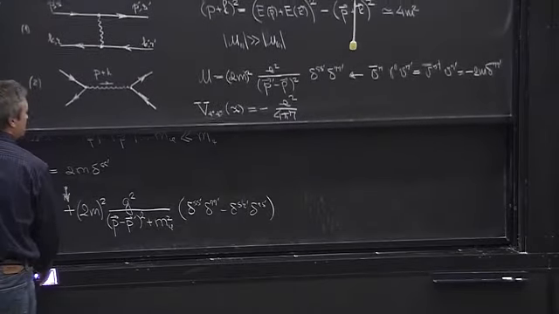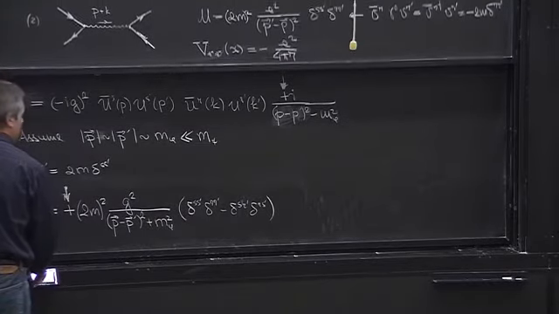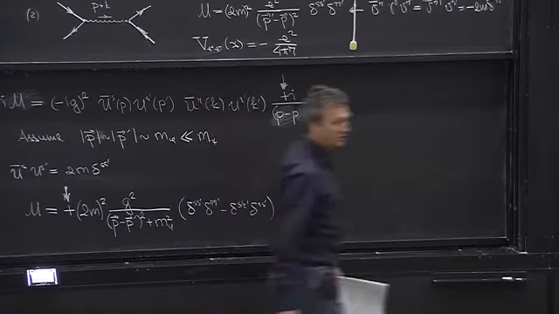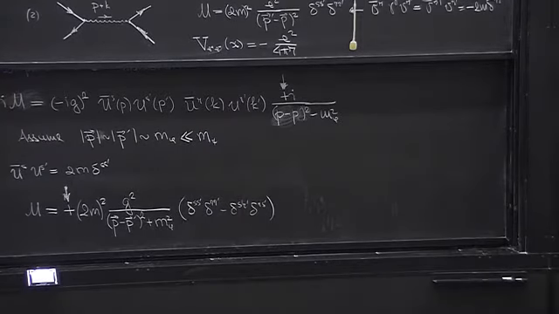So the charge density of electrons is the minus of the charge density of positrons. So they have different charge density.